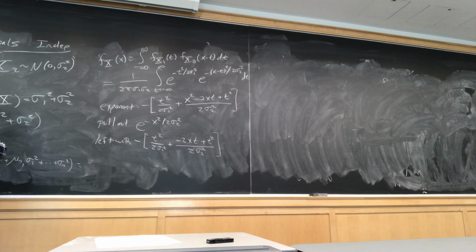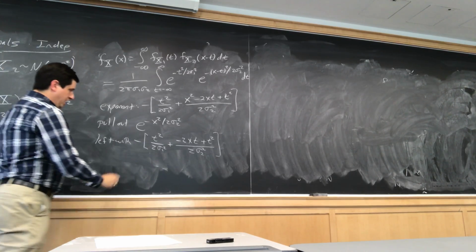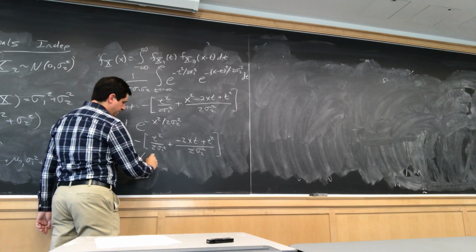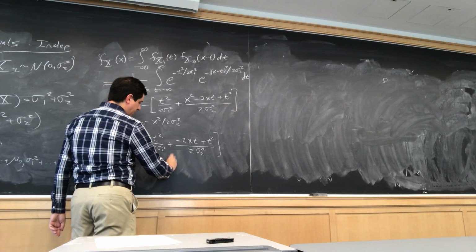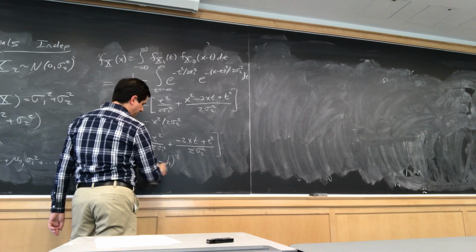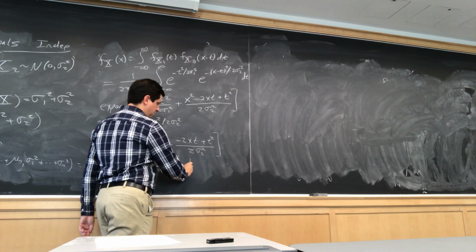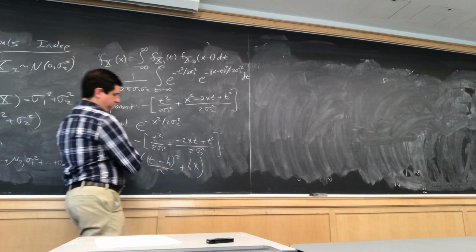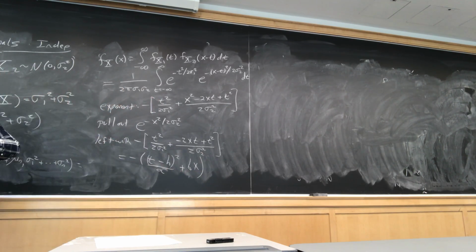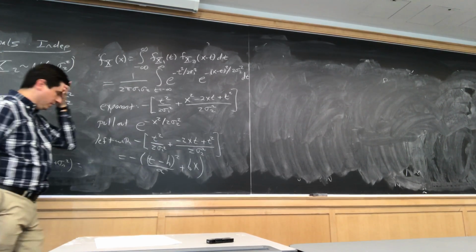Right? So now I can write this as negative t minus h squared over a plus ex. This is the old complete the square.